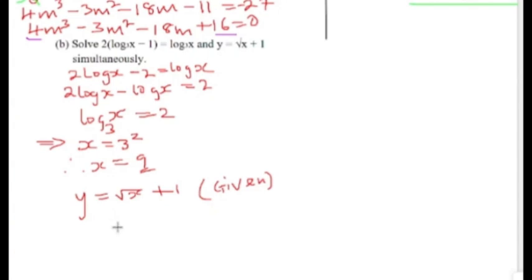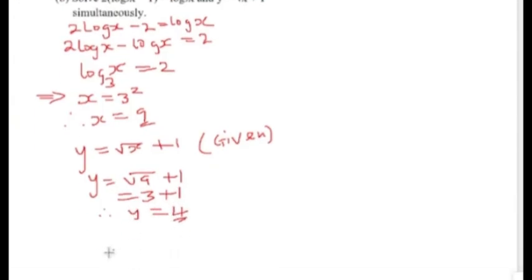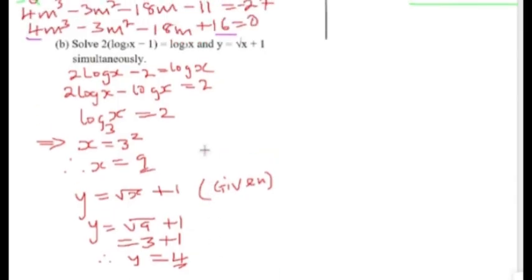So y equals root 9 plus 1, which is 3 plus 1. Therefore, y equals 4. So we have our solutions: (x, y) equals (9, 4). These are the solutions to this set of equations.